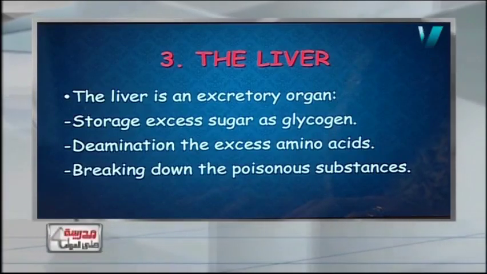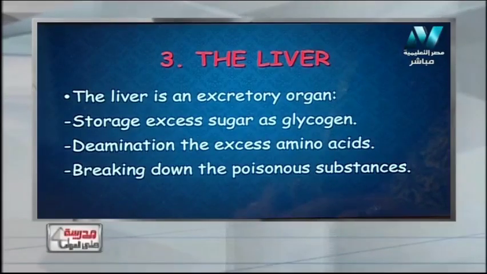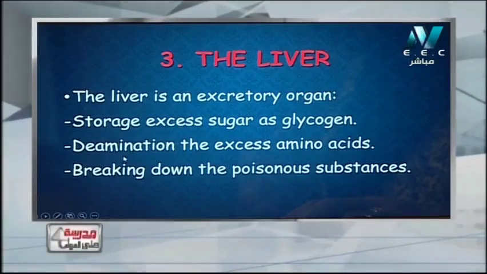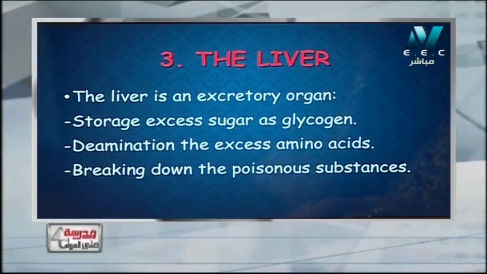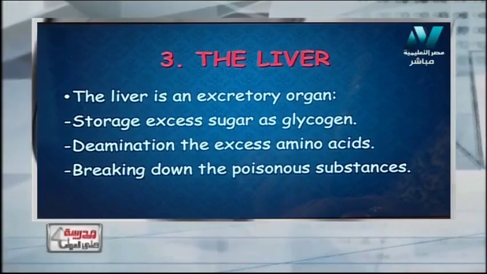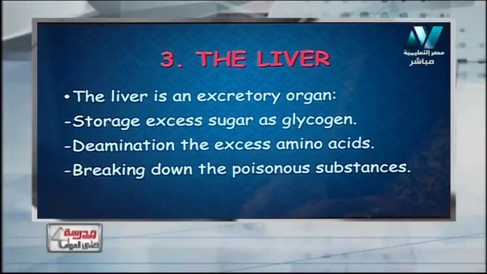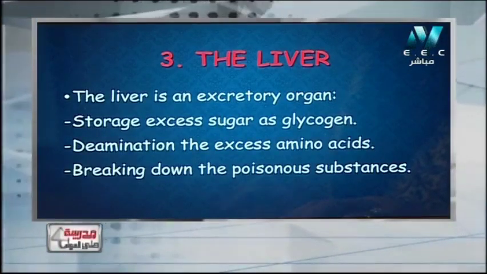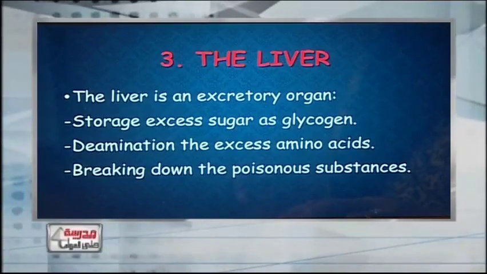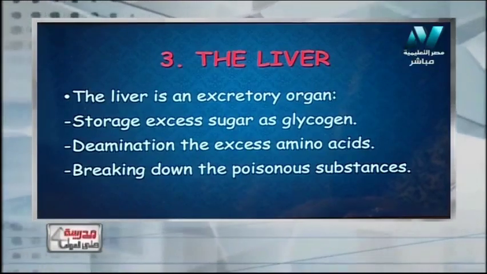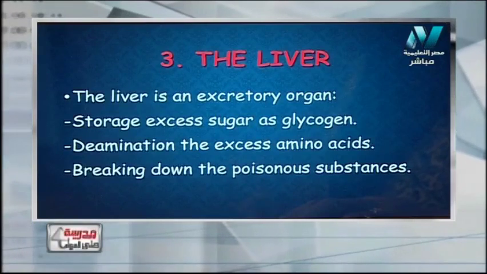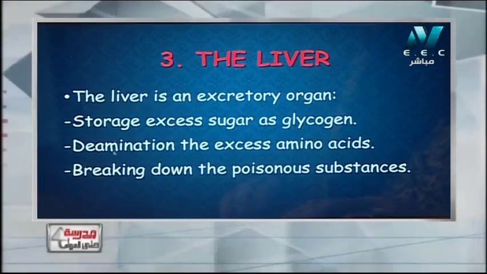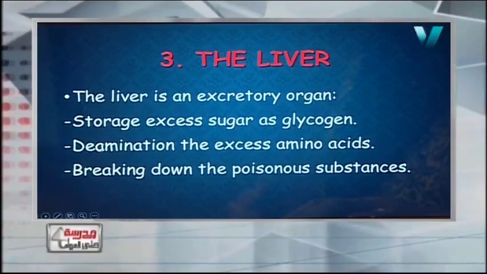The third function in excretion is to get the poisonous substances and to break them down into non-poisonous substances. And of course, all of these things will be secreted into the blood again, but in non-poisonous form, to be collected by the kidneys and go with the urine outside of the body as excretory material.